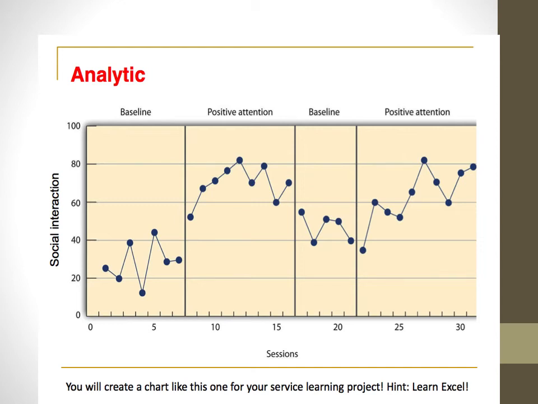So you see there are 3 different points where behavior changed with the intervention or its withdrawal, right? So there are 3 points of behavior change by the use of intervention, and we say that's experimental control, and we see there are 3 experimental effects.